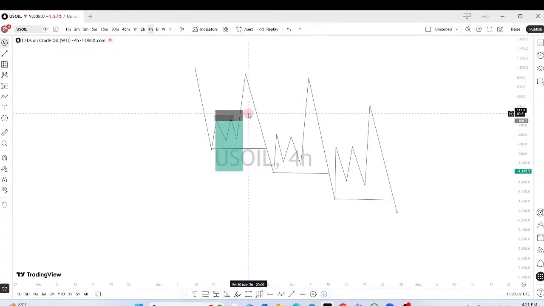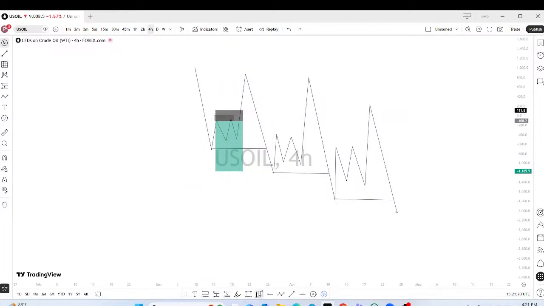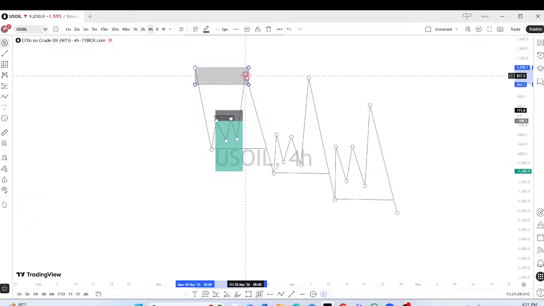Then your SL is sitting here, right? And price will tap here, will give you this move, and then will go back and tap again and then take you out. Because you understand that this is liquidity. This is not your order block. You're having an unmitigated order block sitting here waiting for you. You have another one here.